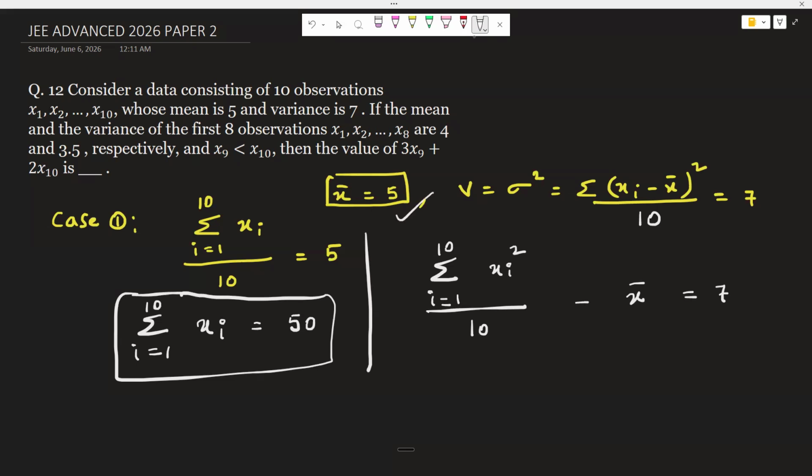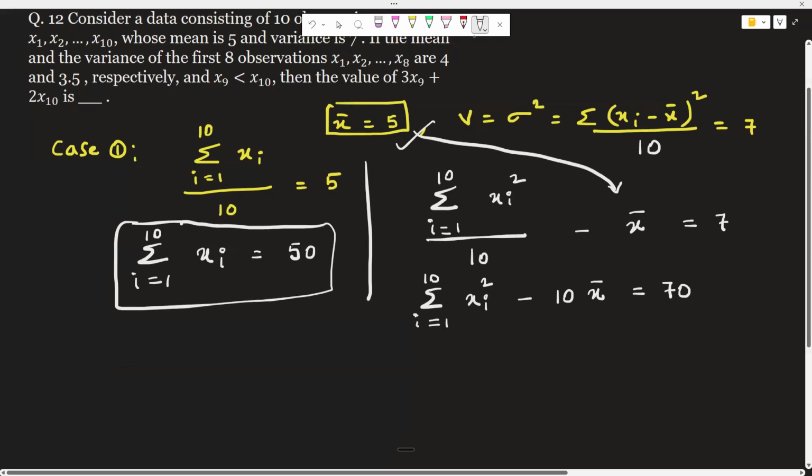And also the mean was 5, so we can replace this value here. Therefore, now we can write sigma i equal to 1 to 10 xi square minus 10 into x bar square is equal to 70.